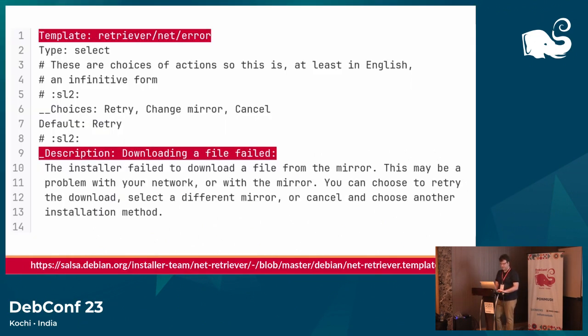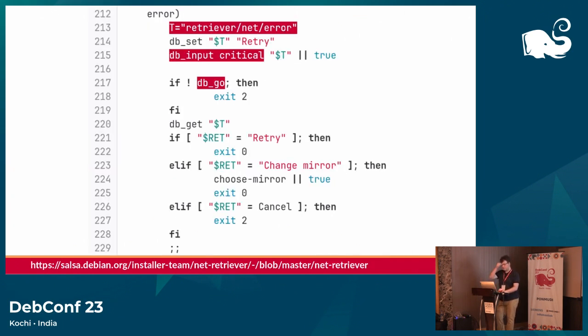In another file in this repository, we have net retriever templates, which has an entry named retriever net error. Description: downloading a file failed. Since this is here, it's reasonable to expect that it is used. And where it's used is in the net retriever script.